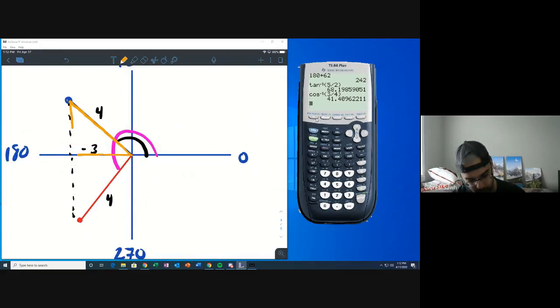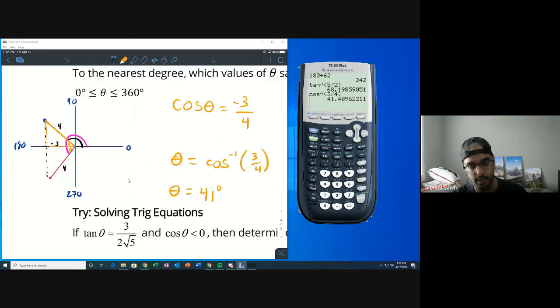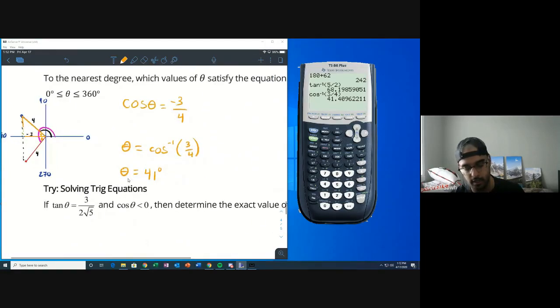Essentially what we just did was find, I don't want to use theta, sorry, let's use phi, that angle in orange. We did the adjacent to it, the hypotenuse, that gave us the little tiny orange one, which is conveniently the same thing underneath. It's the same thing that happens twice. We just reflected it. Now we can use that little piece, that reference angle, to find the other two.